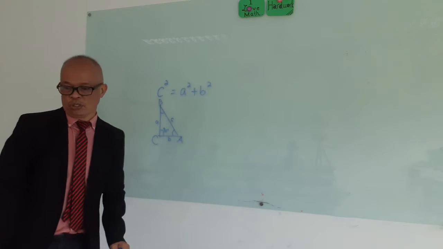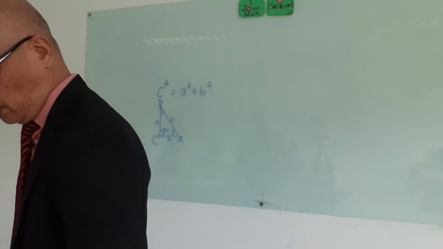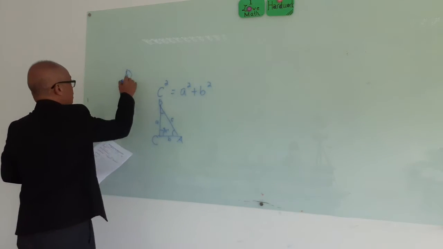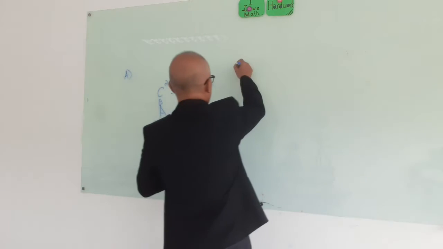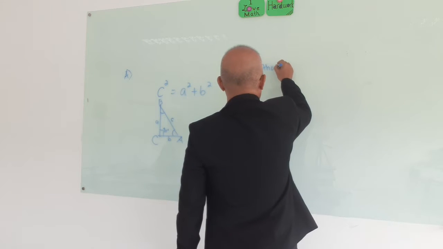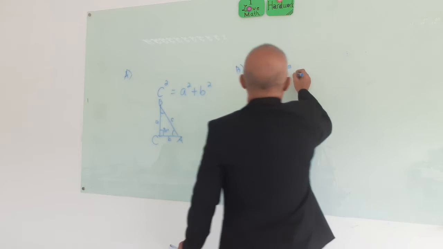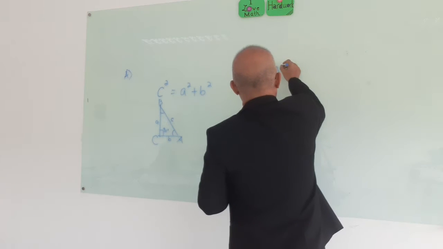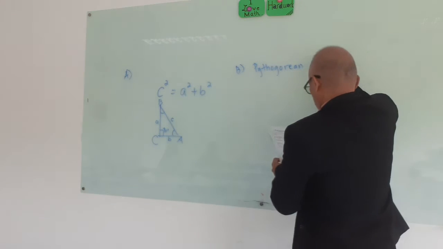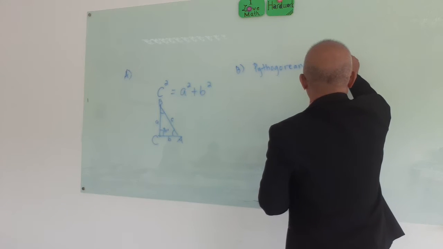Now, we also have what we call the Pythagorean triple. What is this all about?